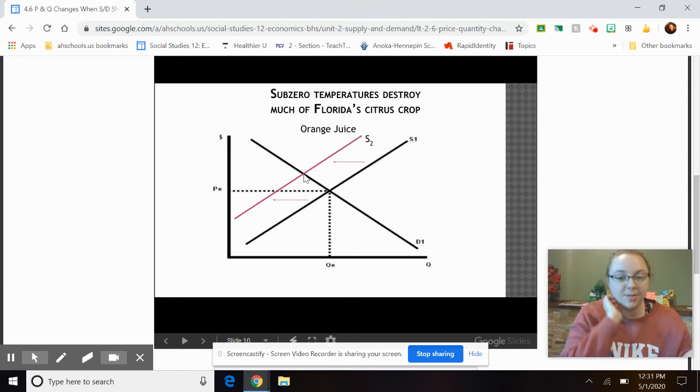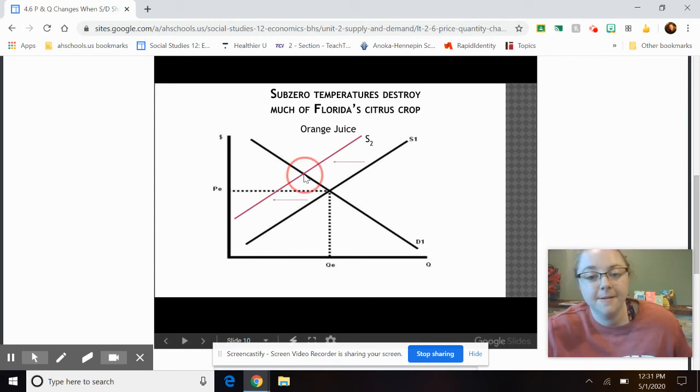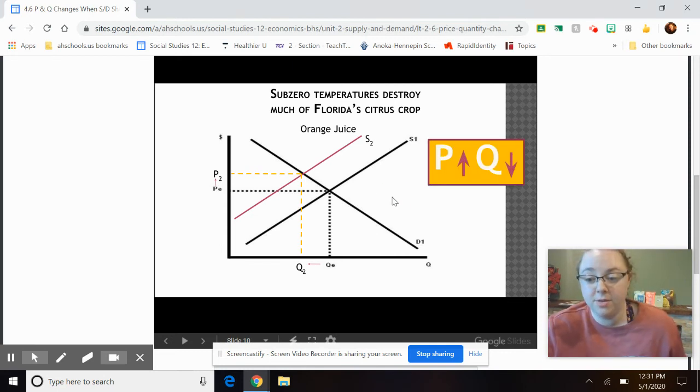And that's going to cause the price to increase, and that's going to cause the quantity to decrease because we can't supply as much as a company. So we're going to automatically raise prices in order to meet the demand for the orange juice. So price goes up and quantity goes down.